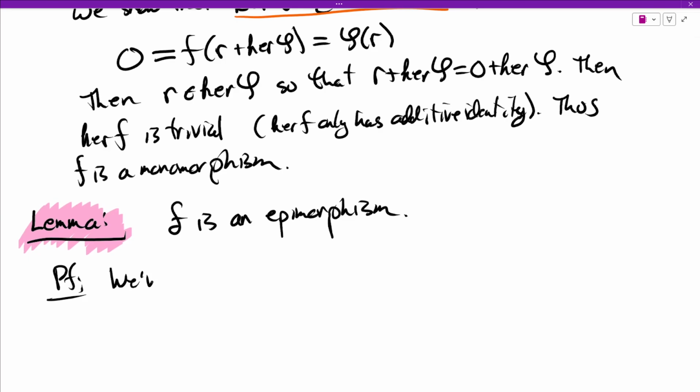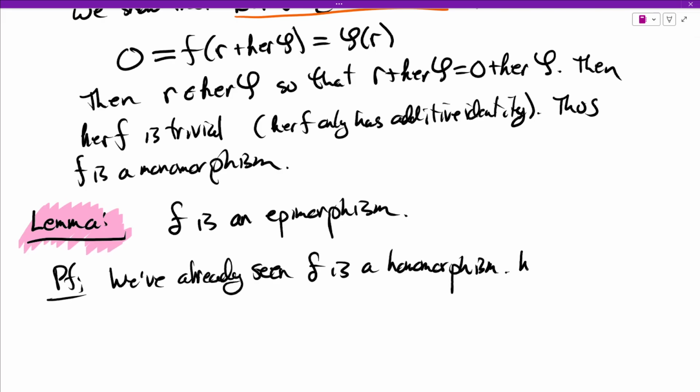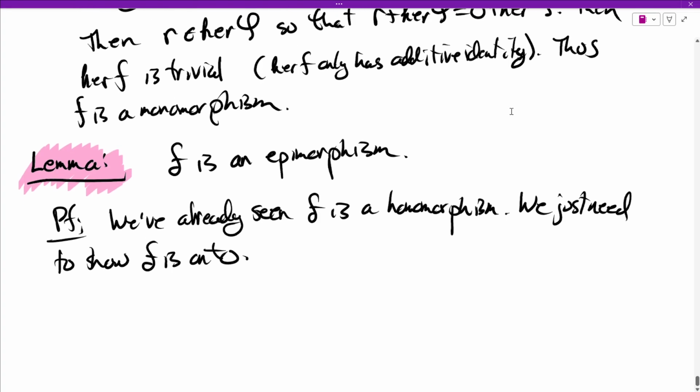Well, we've already seen f is a homomorphism. So we just need to show onto. Okay, so let's do that.